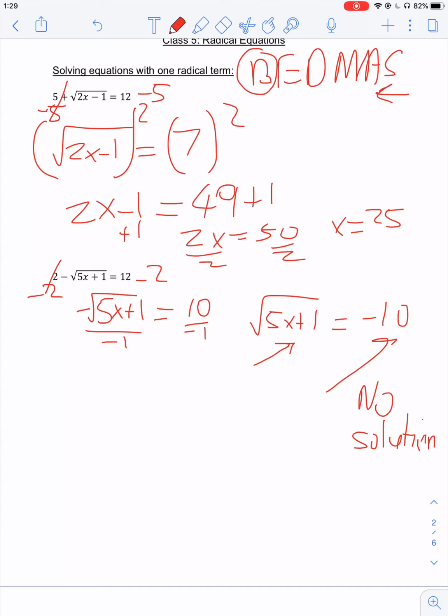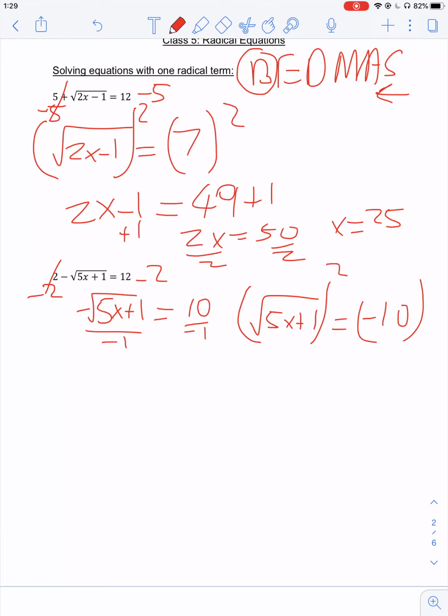But what I'm actually going to do is proceed, just to show you what happens if you choose to proceed, for example if you're stressing on an exam and you forget about this. What you have to do is take the square, take the square. So this becomes 5x plus 1, and then you get 100, because minus 10 squared is actually 100.